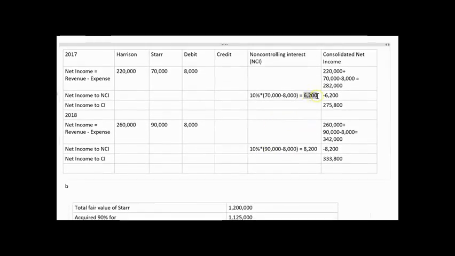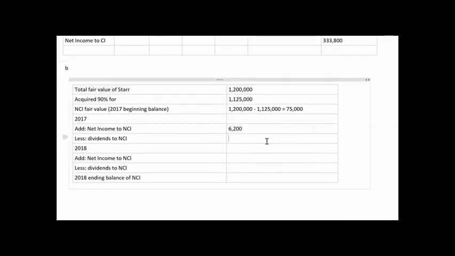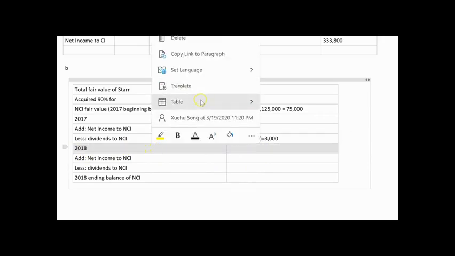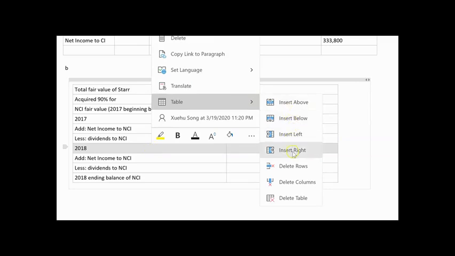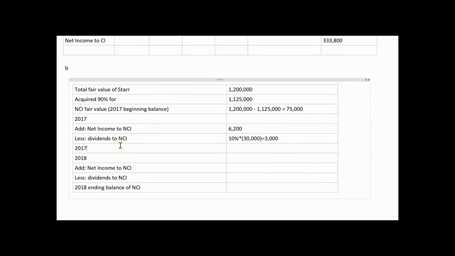Then the dividend paid to the non-controlling interest is 10% of the total dividend paid in 2017, that is 30,000, which equals 3,000. So the 2017 ending balance equals the beginning balance 75,000 plus net income and minus dividend.